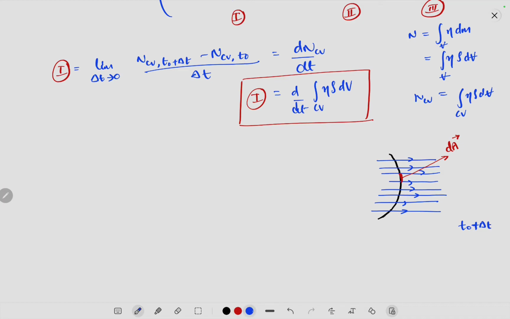Can I say that in time t naught plus delta t they must have moved like this? So this was your V vector.